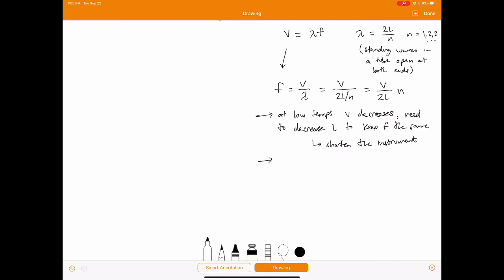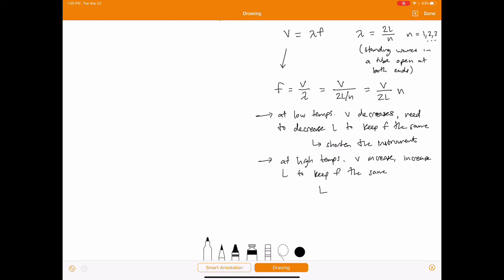On the other hand, at higher temperatures, if it's a really hot day outside, V will increase. And again, if you keep L the same and you increase V, that's going to cause the frequencies to increase. So you better increase L to keep the frequencies the same, to keep F the same.